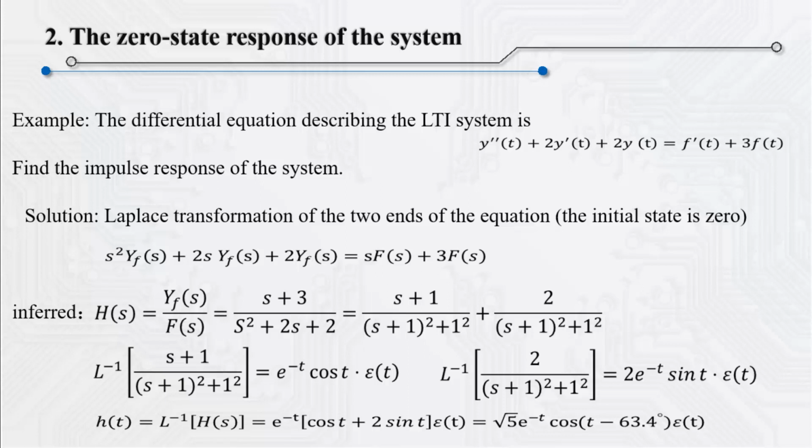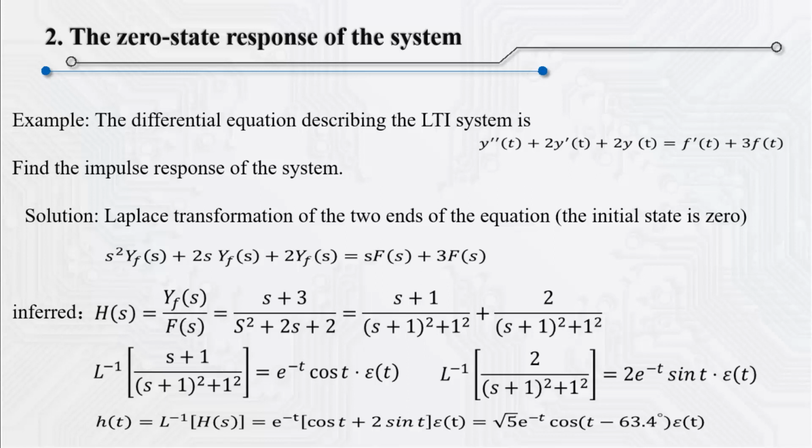This gives H(s) equal to Y(s) over F(s) equal to (s plus 3) over (s squared plus 2s plus 2). We transform this into the sum of the following two terms. The original function corresponding to the first term is e to the power of negative t times cosine t.